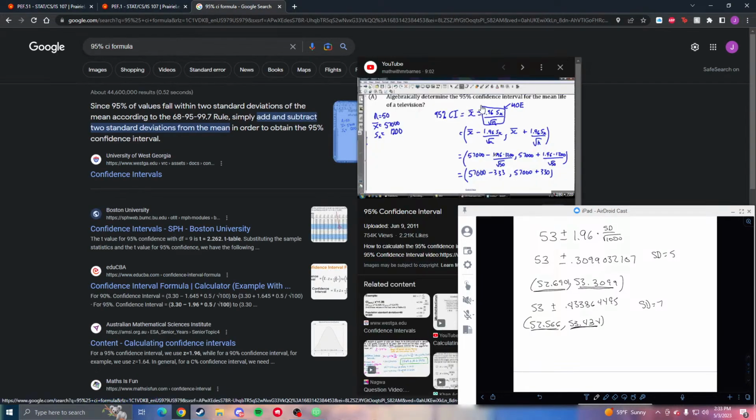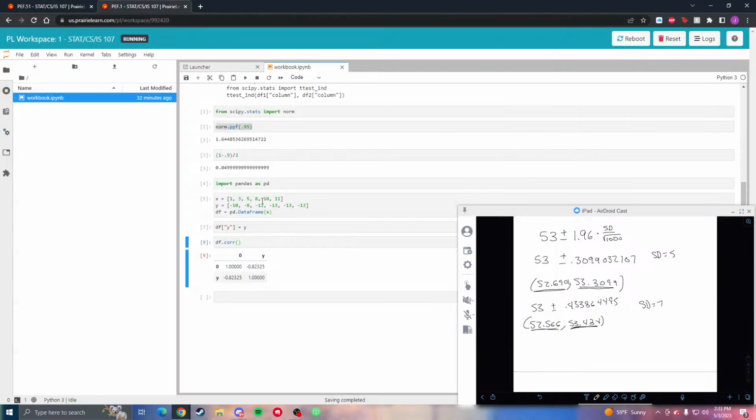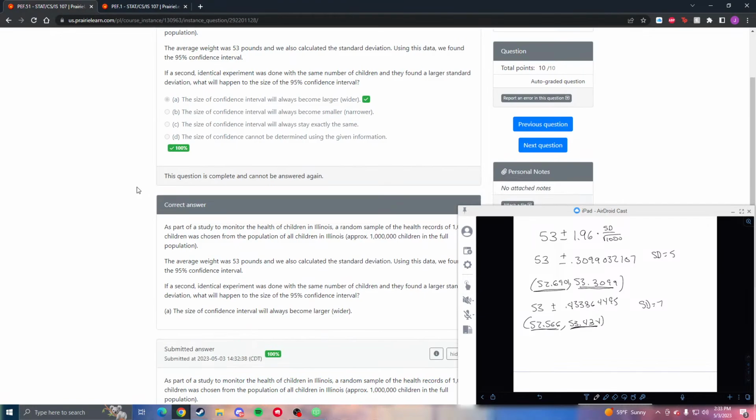It's just the z-score for 95%, so 1.96. If you did norm.ppf of 0.975, it's just norm.ppf of the value you need to get the 1.96.